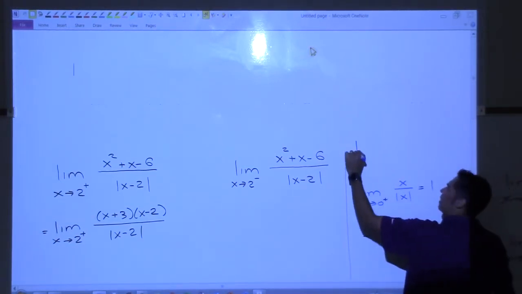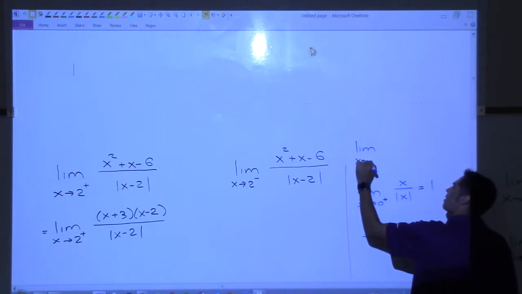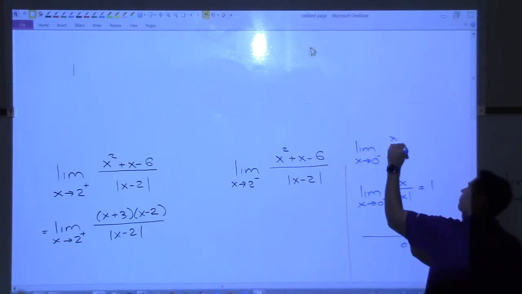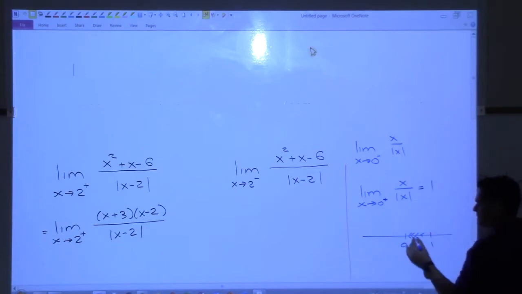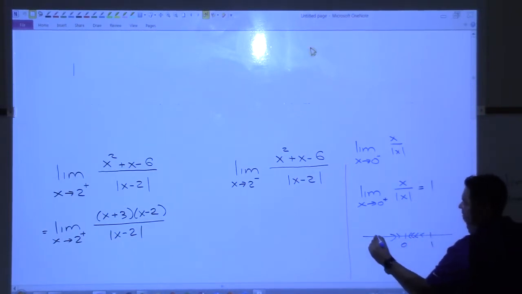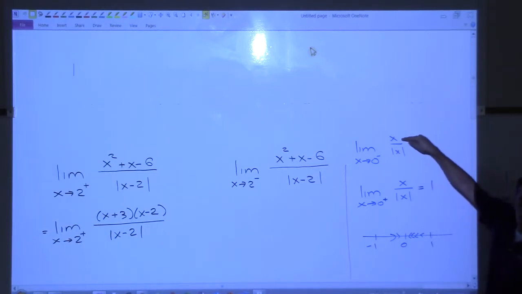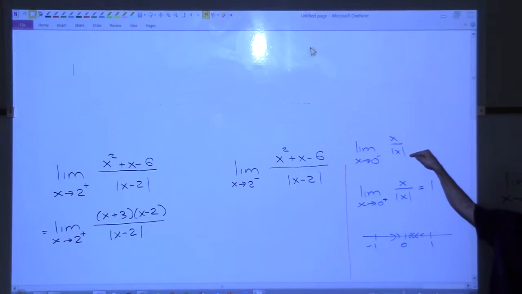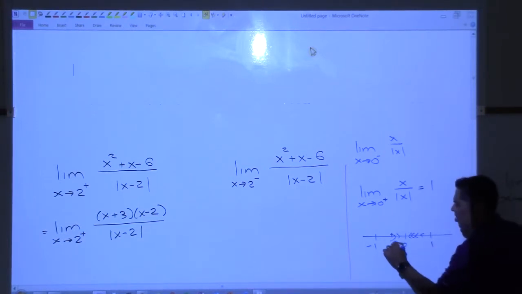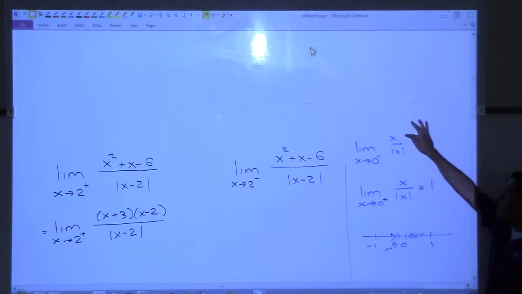However, if we come in from the left, what's different? Yeah, so now let's come in this way, all right? So if we plug in -1, -1 over the absolute value of -1 would be -1, right? If we plug in like -0.5, negative 0.5 over the absolute value of -0.5, that ratio is also -1.